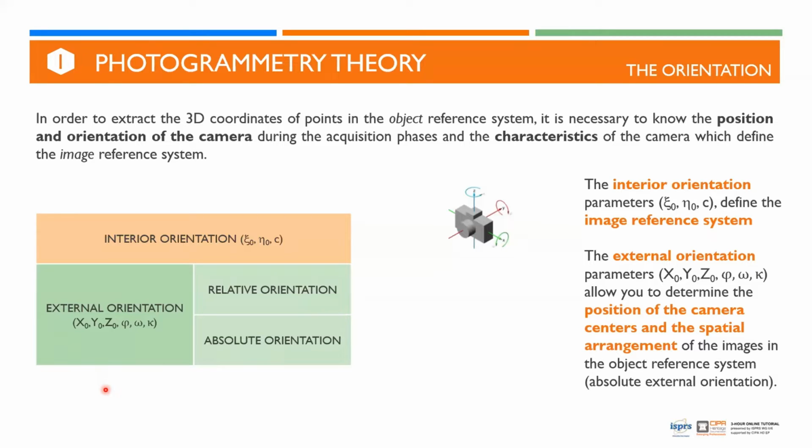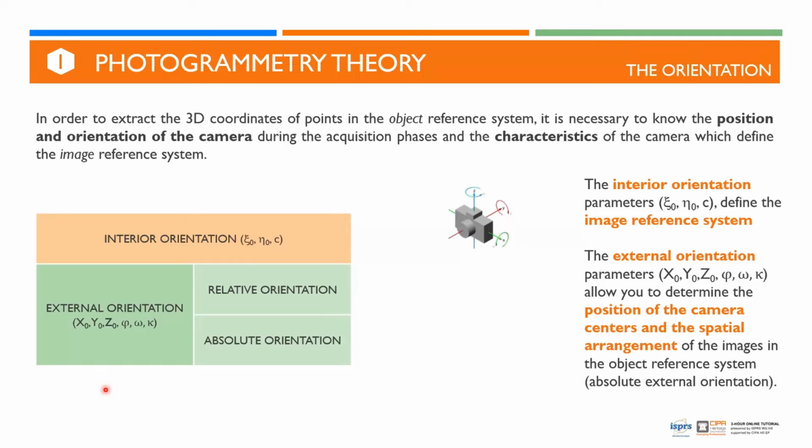Therefore, we can start creating the 3D model of our object, but pay attention, still on an arbitrary scale and with a generic spatial position. So it is independent from our world reference system.